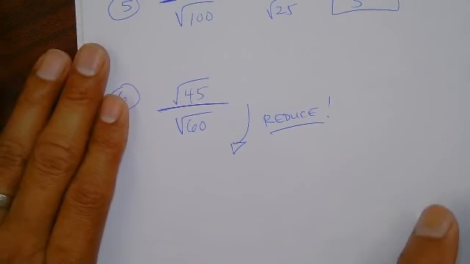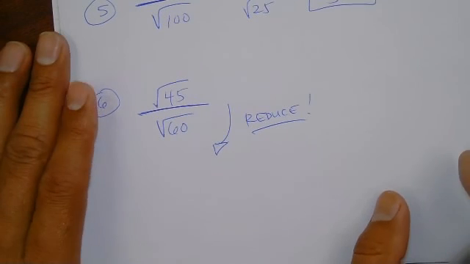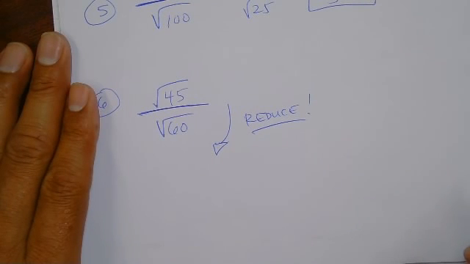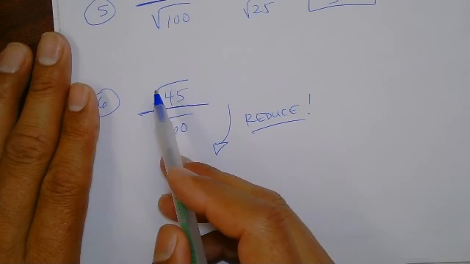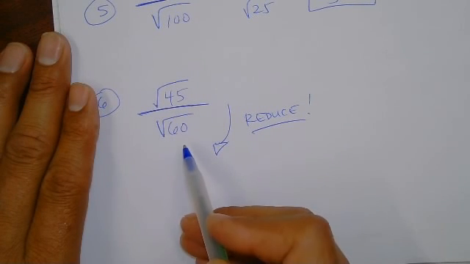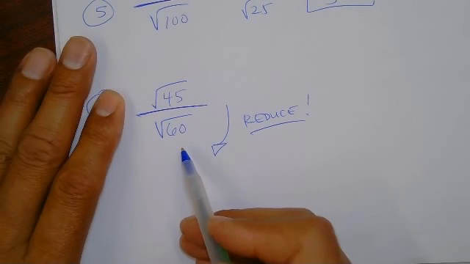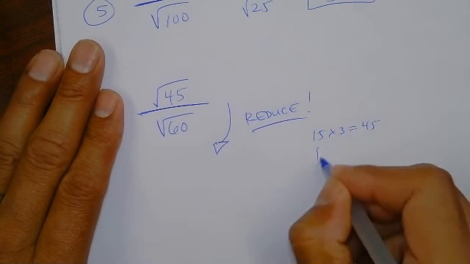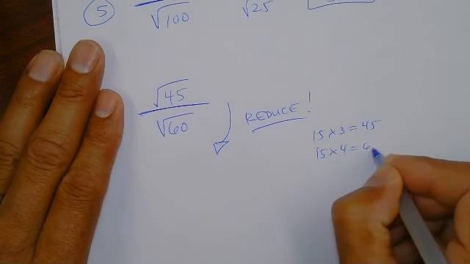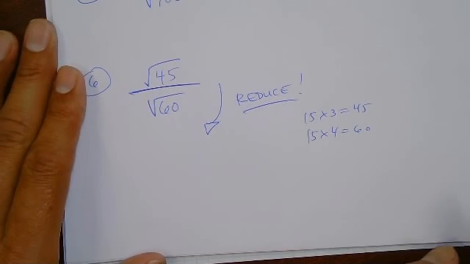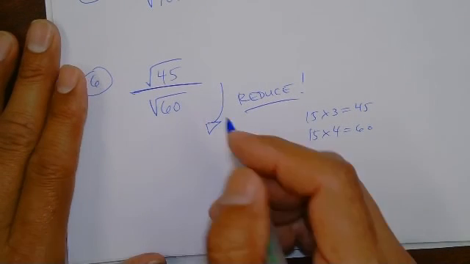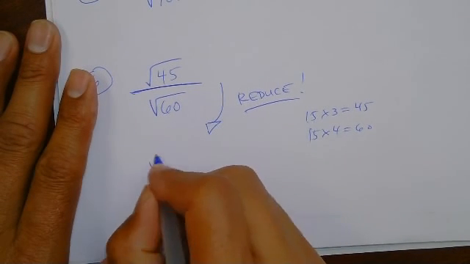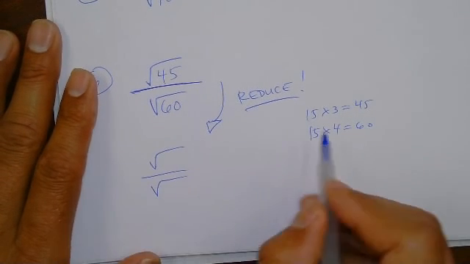Anybody know what number is the greatest common factor to reduce 45 and 60? By 5? Then you'd have to do it again. So I'll tell you, it's 15. 15 can go into 45 and 15 can go into 60. 15 times 3 is 45, and 15 times 4 is 60.